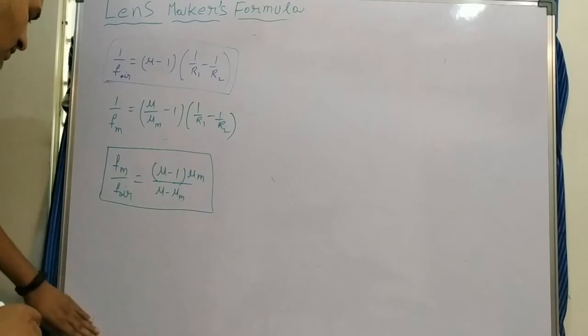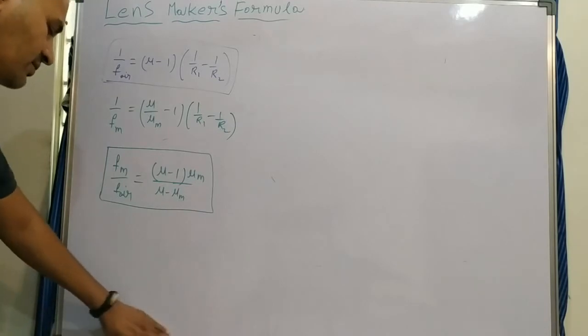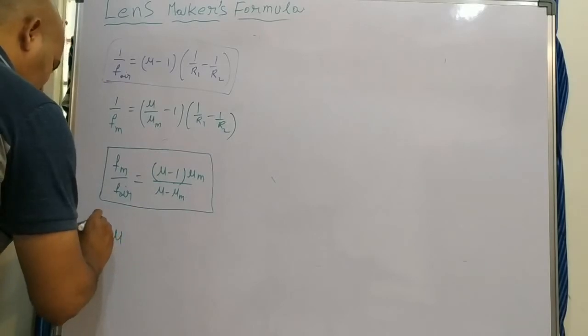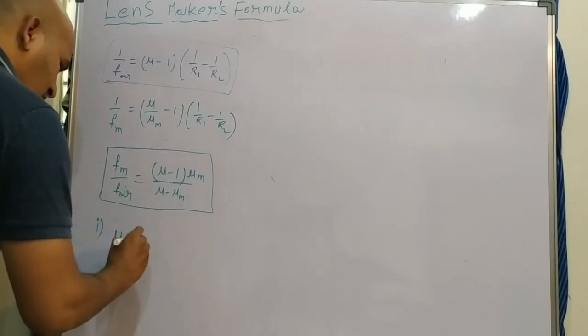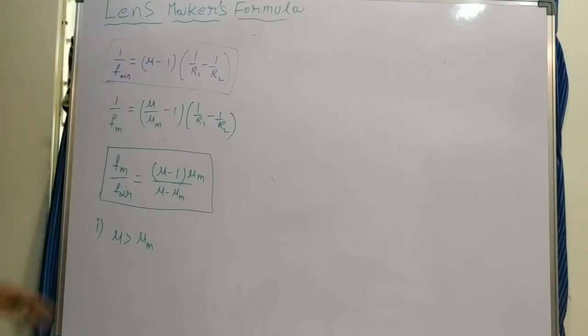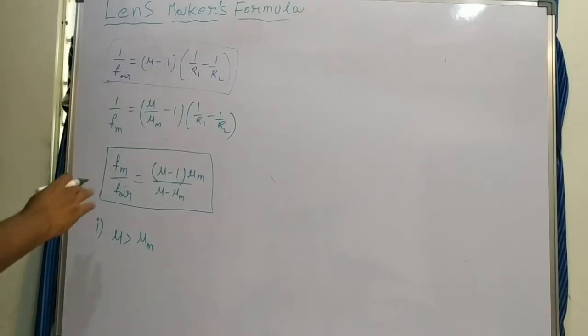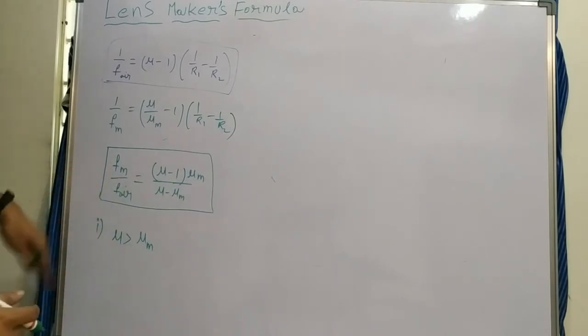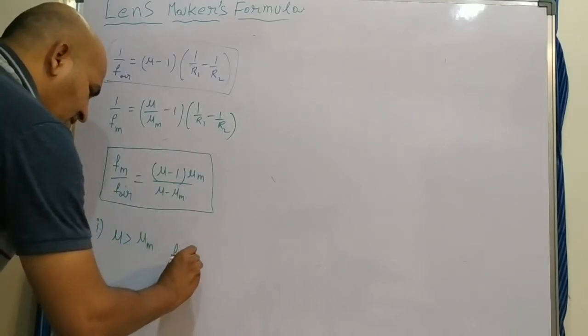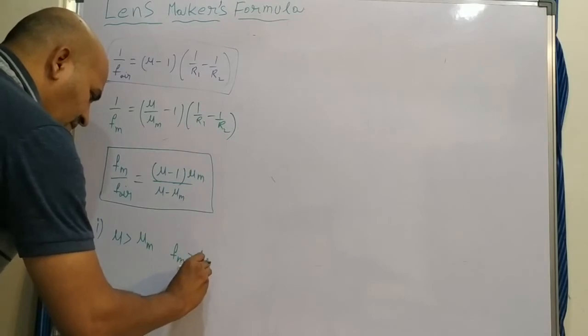So here, what happens if, in the first case, mu is greater than mu medium? If mu is greater, the focal length increases. So f medium increases, f medium is greater than f air.